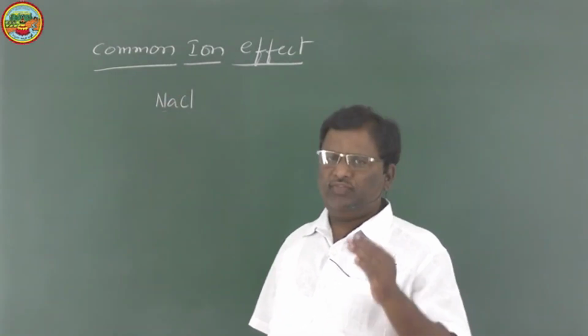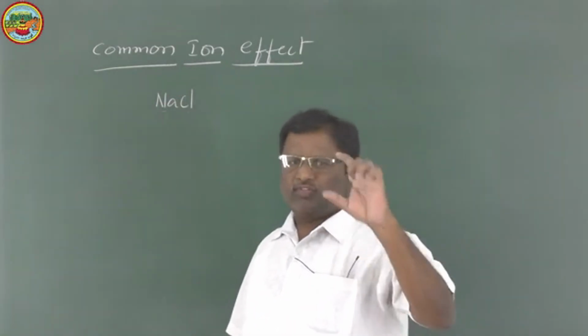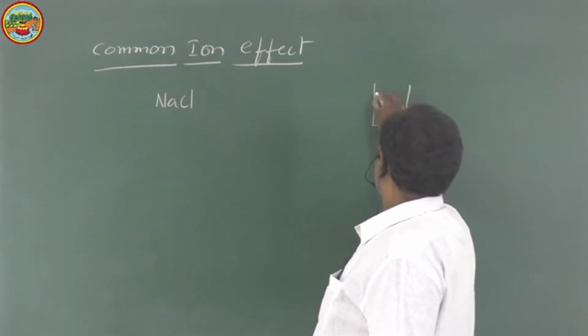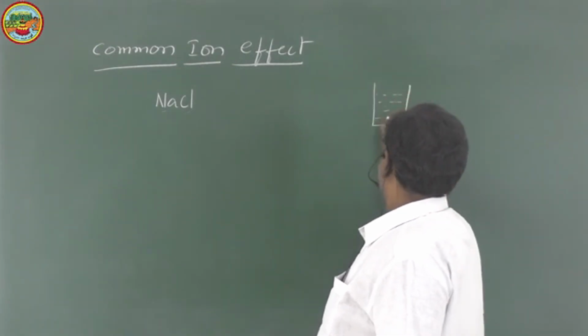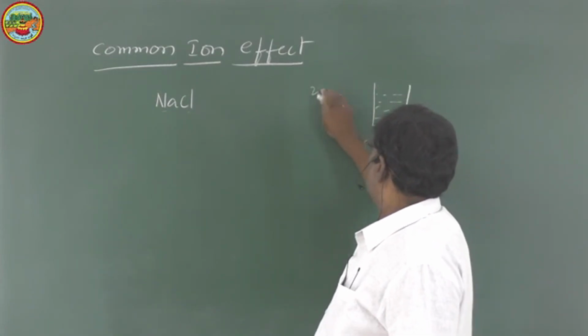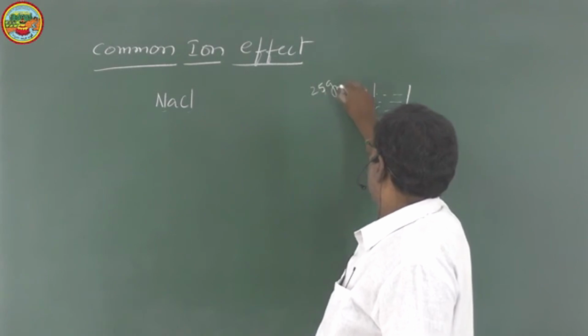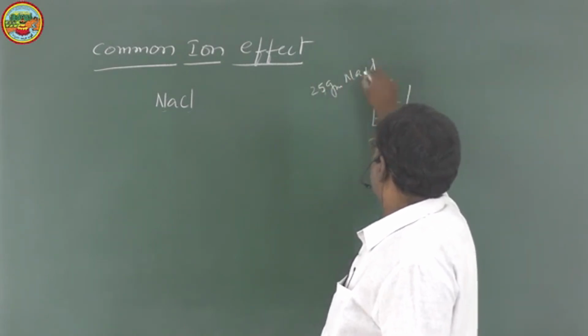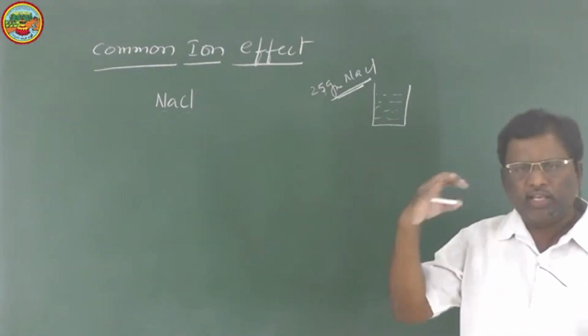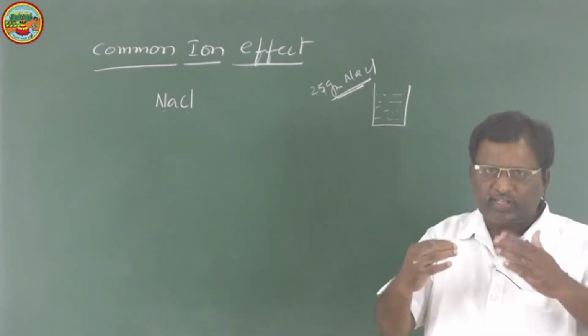For example, in pure water, let's consider 25 grams of NaCl can dissolve. If you add more than that, it will be precipitated out.